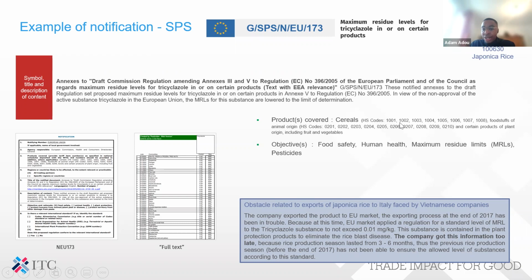With the HS code, here you have directly the subchapter, not even the subheading, so you know all the products covered. You will always have the objective of the regulation, because any SPS TBT regulation pursues a specific objective. And something we added is the testimony of the company explaining why it was complicated to comply with the regulation in question.